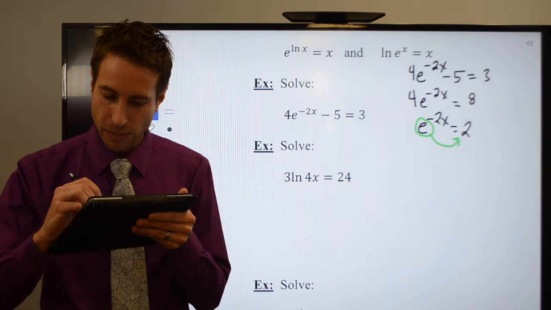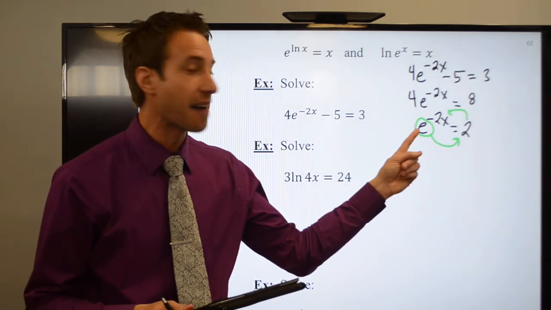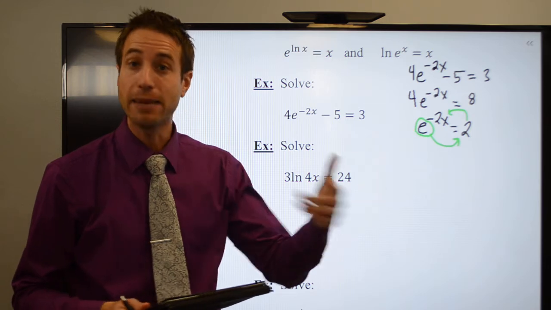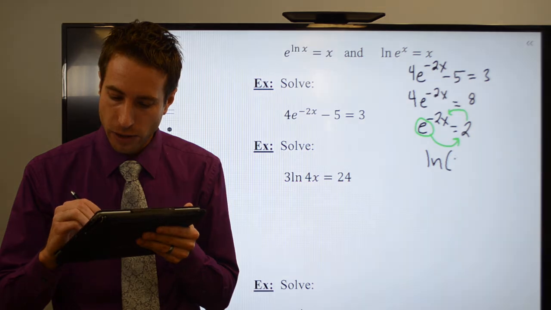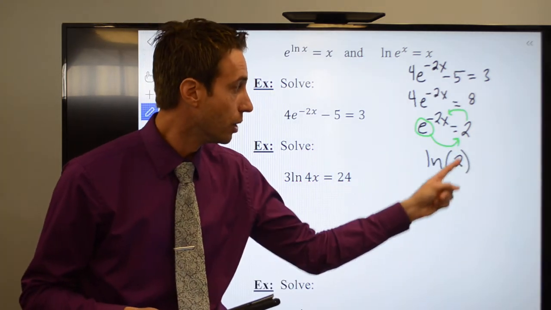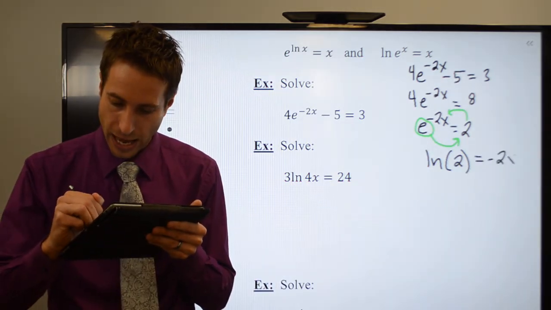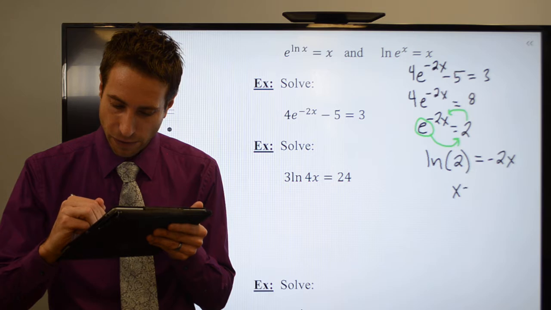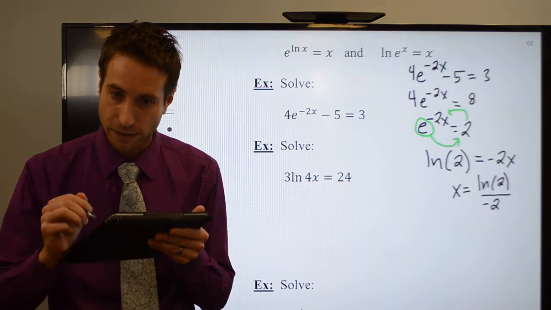Snail method's going to help me solve this. So I use the snail method. I'm going to have the logarithm base e, which is ln, of 2, is equal to my exponent negative 2x. Get that x by itself by doing the ln of 2 divided by a negative 2.